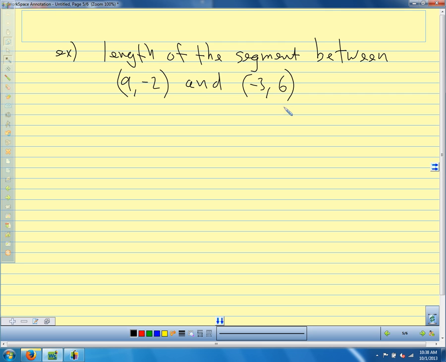It says the length of this segment, and it gives us the endpoints of the segment. We have these 2 points. The length is asking us about the distance. We want the distance between them. The length of the segment is the distance between them. So this question is asking us about distance.